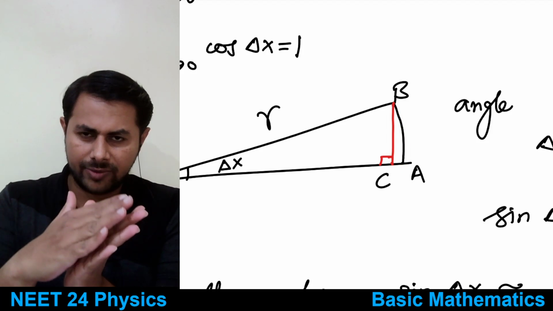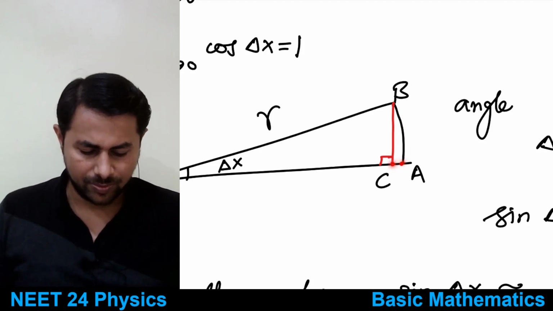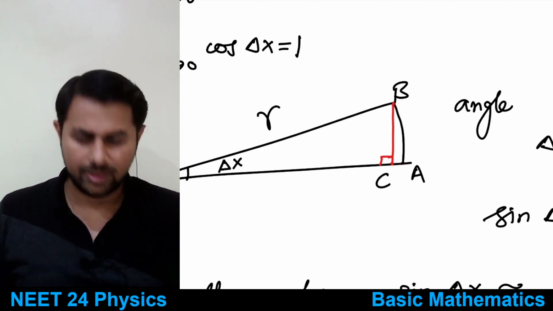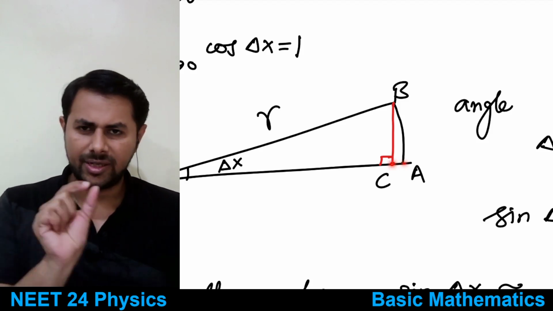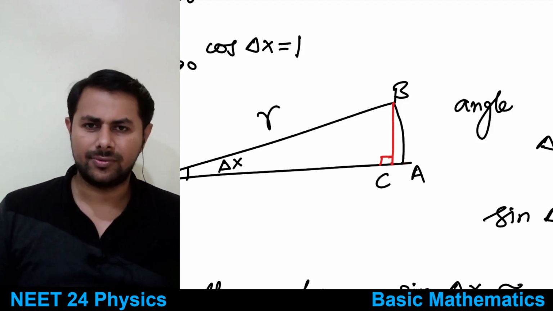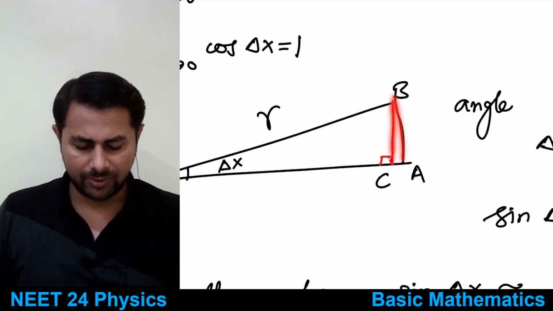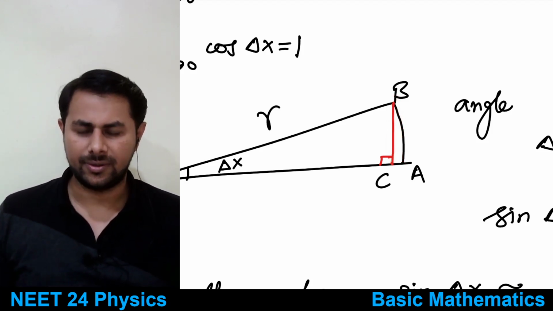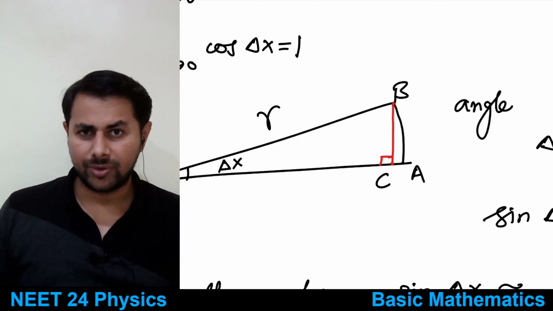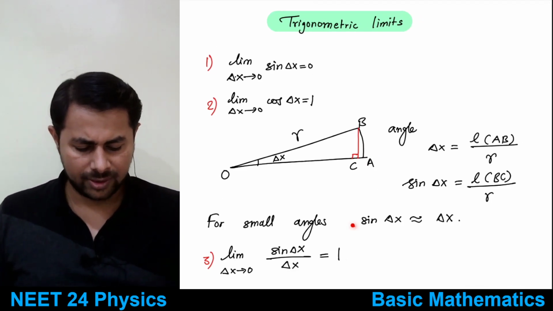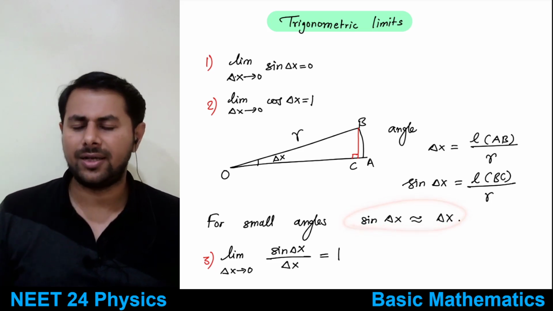But if the angle is very small, then these two points will be very close. That means AC is almost equal to 0, and therefore AB will be almost equal to BC. And if AB is nearly equal to BC, then sine of delta x will be nearly equal to delta x.